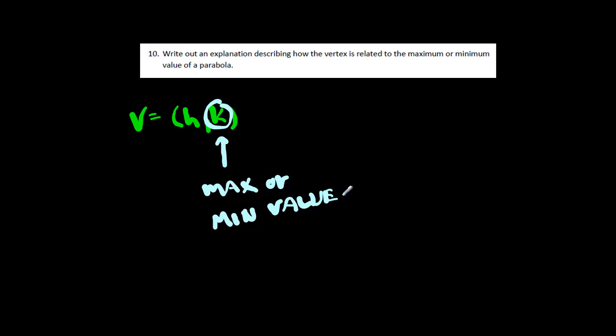So that's all you would need to say. The y-coordinate of the vertex is the value of the maximum or minimum point on the parabola. So that's pretty much it.